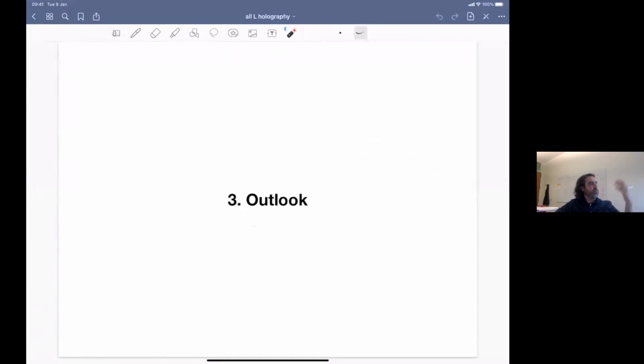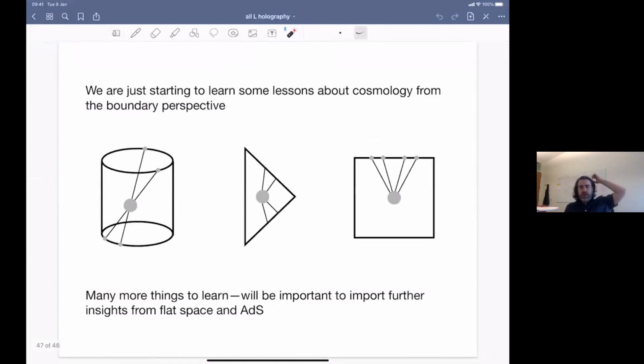Let me just conclude, roughly speaking. I think it's fair to say that we're just starting to apply lessons from holography to make progress in understanding things about cosmology and inflation from the boundary point of view.